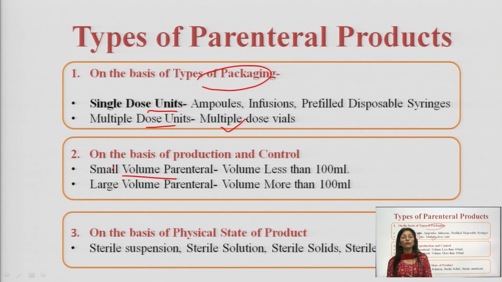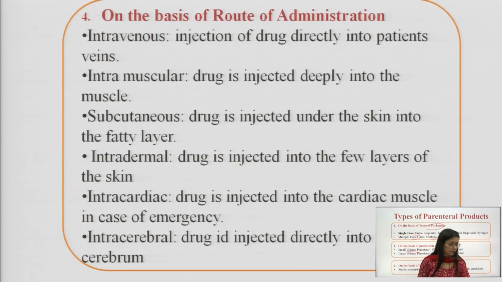So if you have a parenteral product that has a volume less than 100 ml, it is considered small volume parenteral, whereas when you have a product with more than 100 ml, it is considered a large volume parenteral product. On the basis of physical state of product, these products can be divided into sterile suspension, sterile emulsion, sterile solution, sterile solid, all these things.